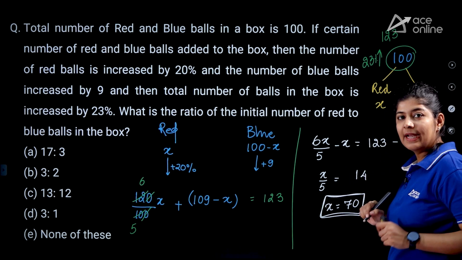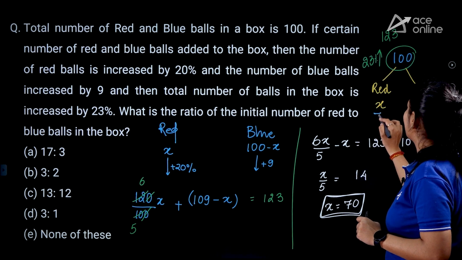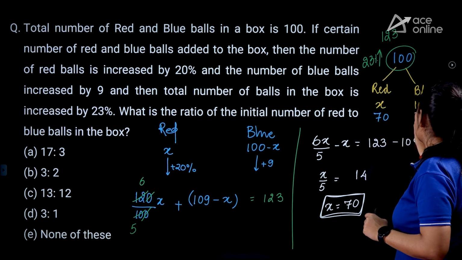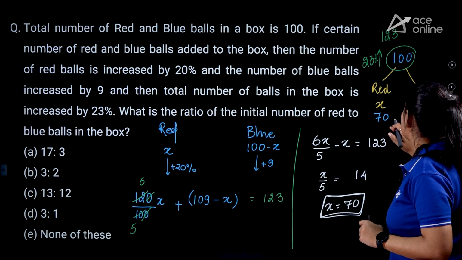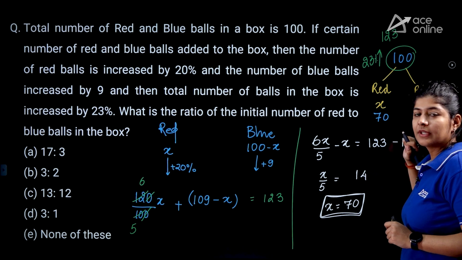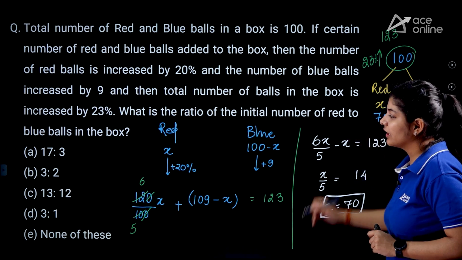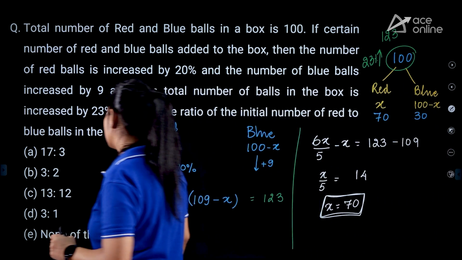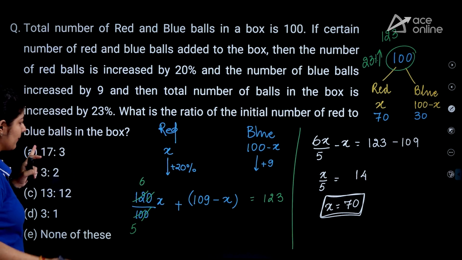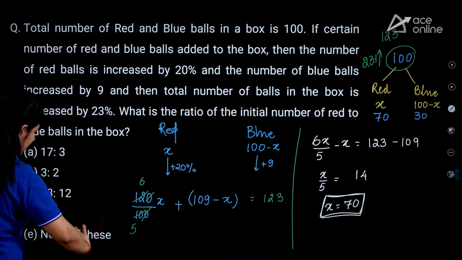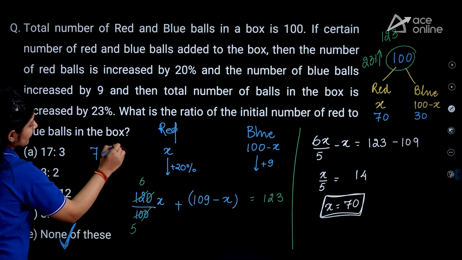So we can say that on the very initial level, we are having 70 red balls and 30 blue balls. Now what we have to do, we have to find out the ratio. So the ratio is not present over here, I guess this is some misprinting, but as per this one, we will go with our option number E, because the correct ratio is 7:3.